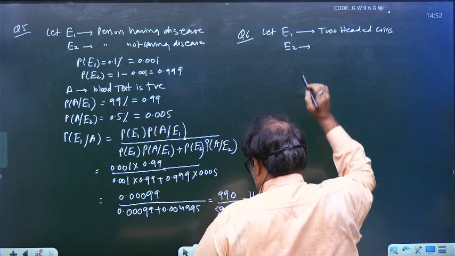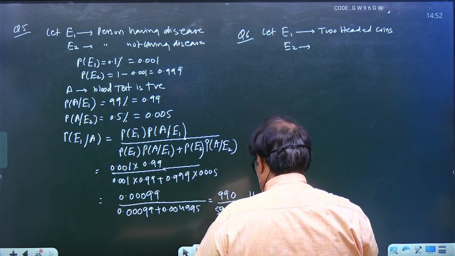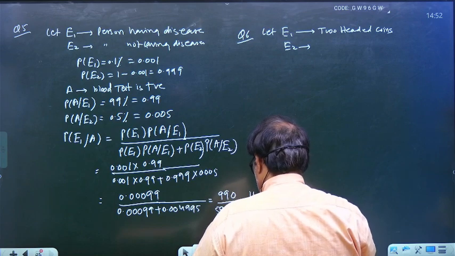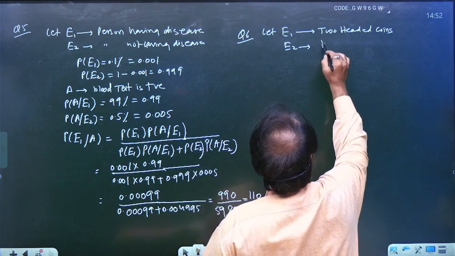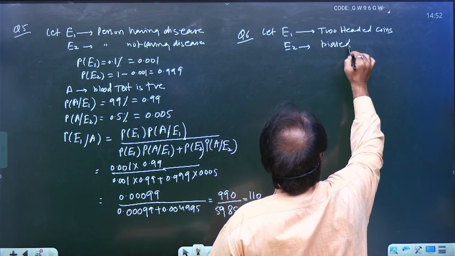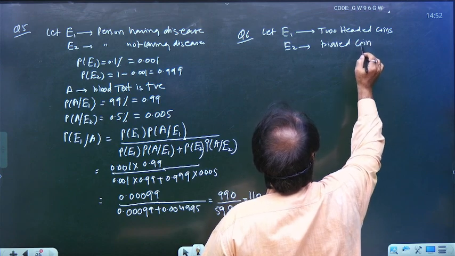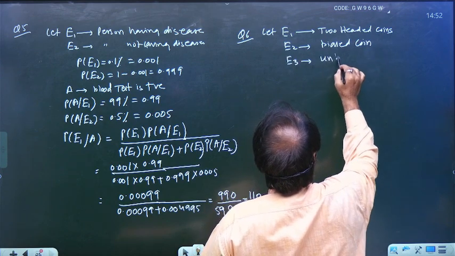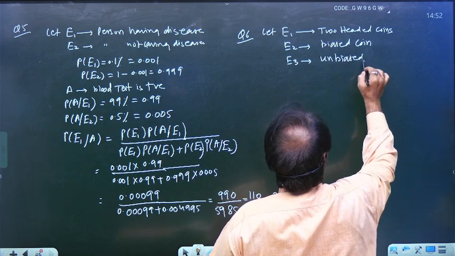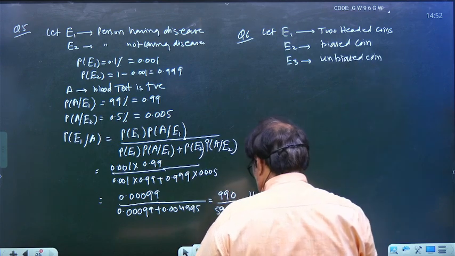E2 is the biased coin, and E3 is the unbiased coin.